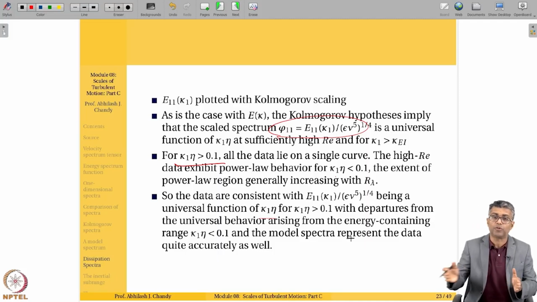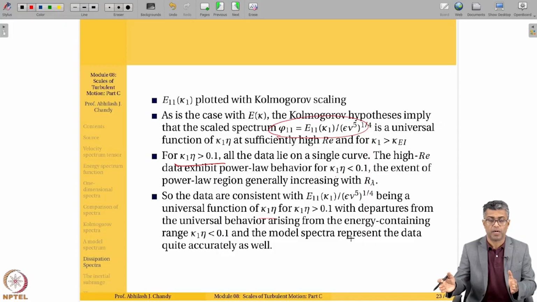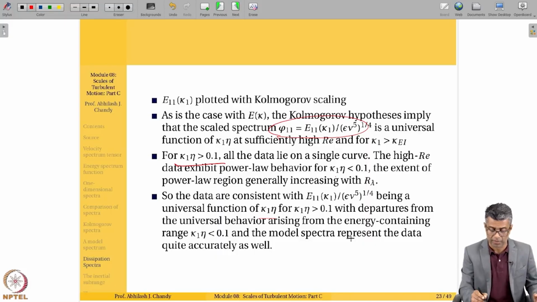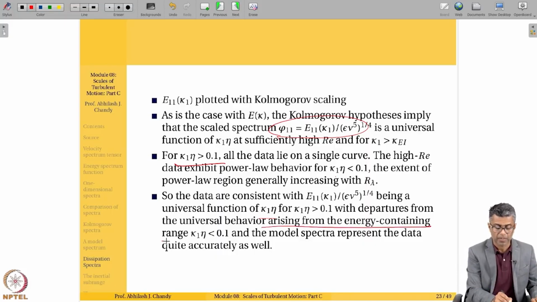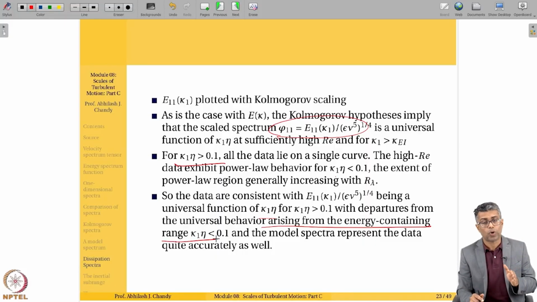Which is where the universal equilibrium range starts. There are of course departures, but those departures are only in the energy containing range as mentioned here, where kappa 1 eta is less than 0.1, and the model spectrum represents the data very accurately, isn't it?